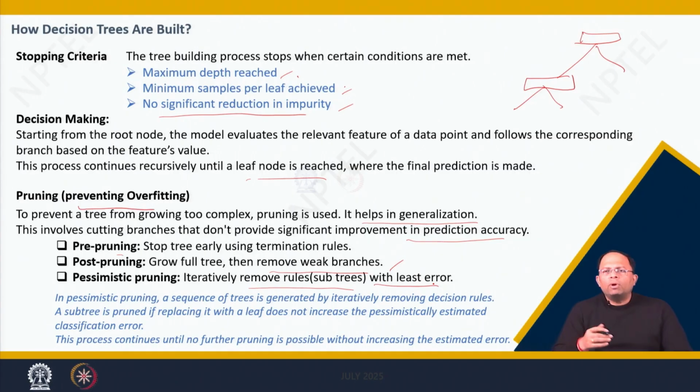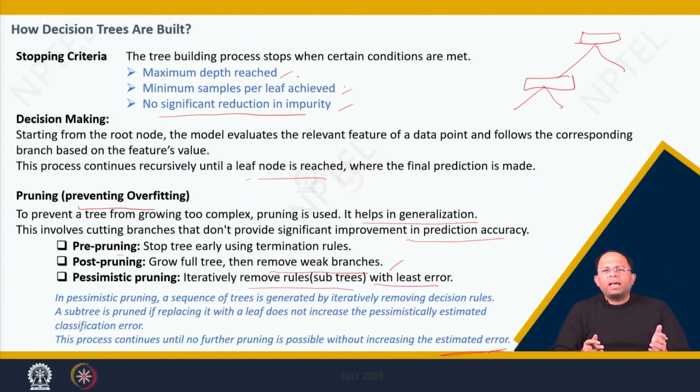After taking one tree, which one gives the better result, accordingly we proceed. So in pessimistic pruning, a sequence of trees is generated by iteratively removing decision rules. A subtree is pruned if replacing it with a leaf does not increase the pessimistically estimated classification error. This process continues until no further pruning is possible without increasing the estimated error.